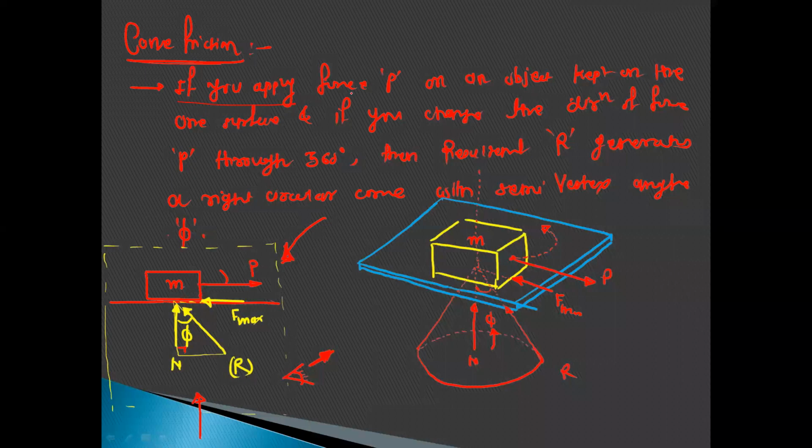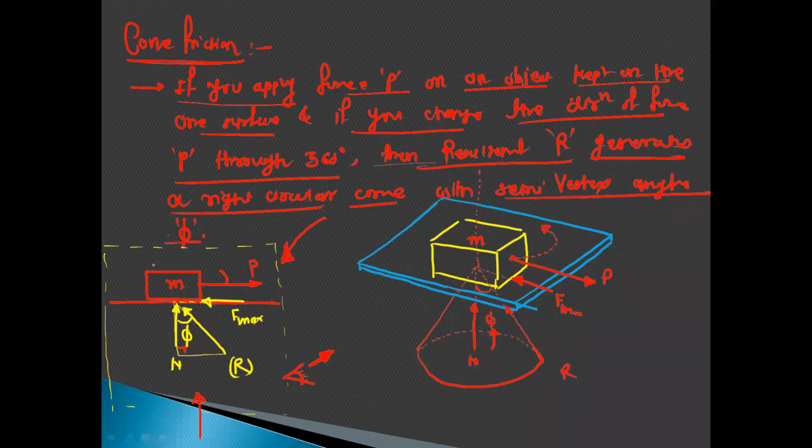If you apply the force P on an object which is kept on the surface, and if you change the direction of the force P through 360 degrees, then the resultant R generates a right circular cone with the semi-vertex angle phi. So this is called the cone of friction.